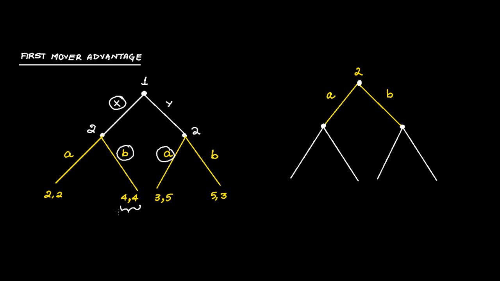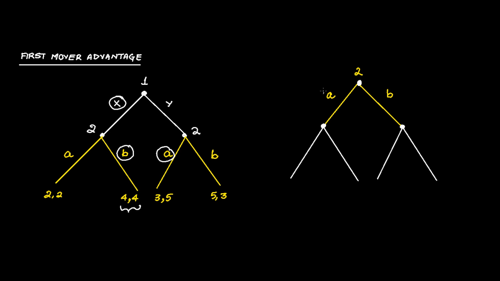Now, in this recording, what we are going to do is flip the moves of the players. So now player 2 is going to play first, and then, observing his choice, player 1 is going to move. So player 2 is going to move first.